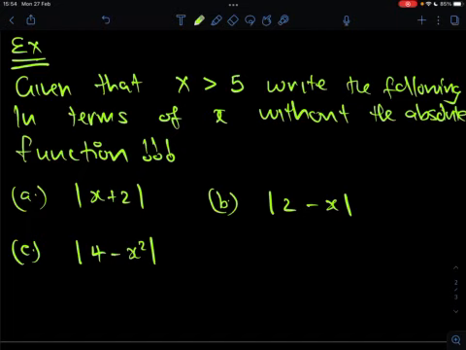So how can you write this in terms of x, given that x has that condition given there? So how can we deal with that? Let's see how to answer this problem. Solution.